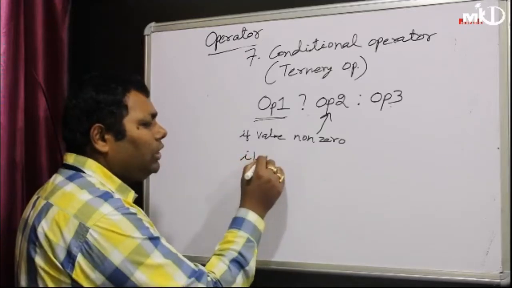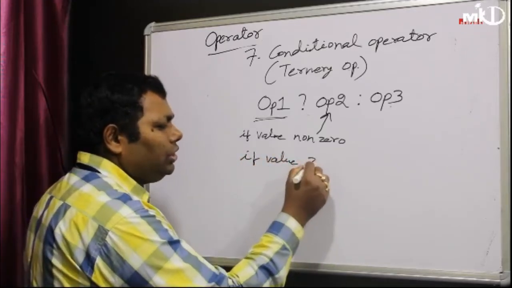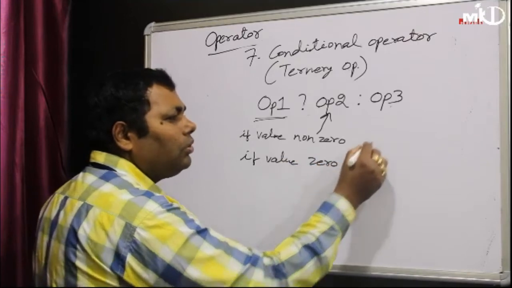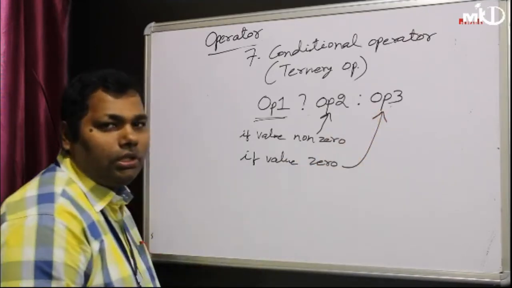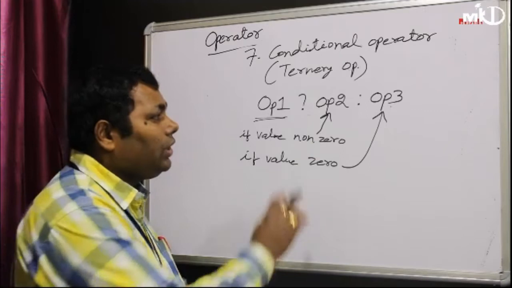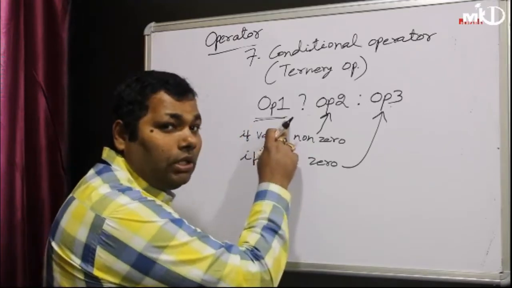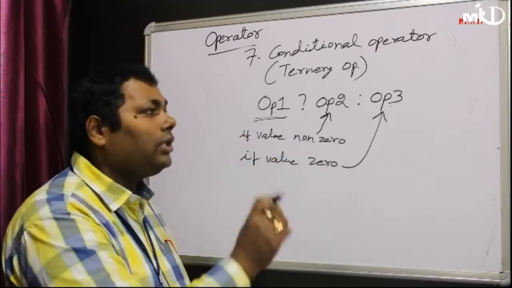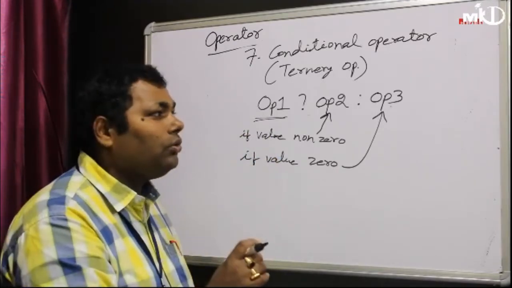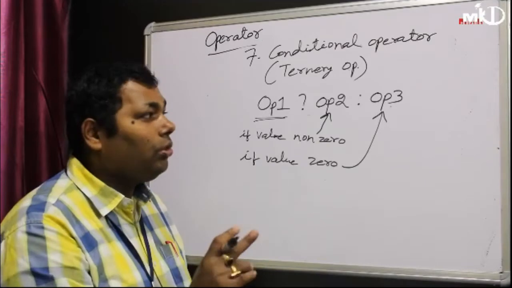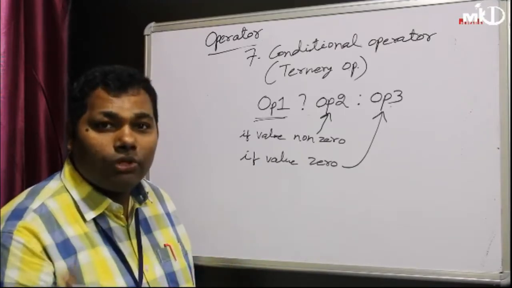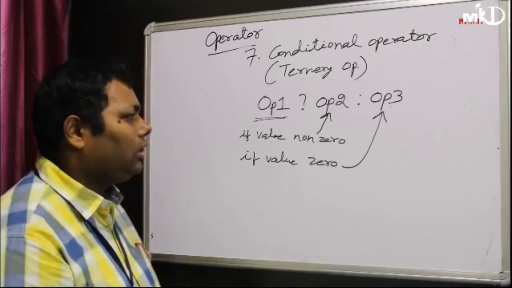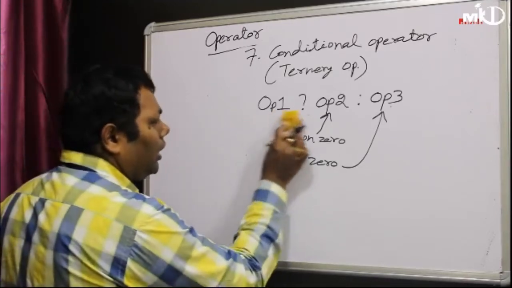If the value is 0, then the control will go to operand 3. That means after evaluating operand 1, depending on its value, it will evaluate either operand 2 or operand 3, but both are not evaluated. Clear?